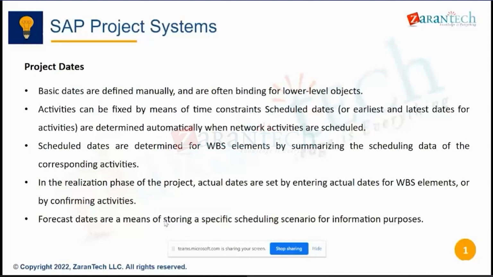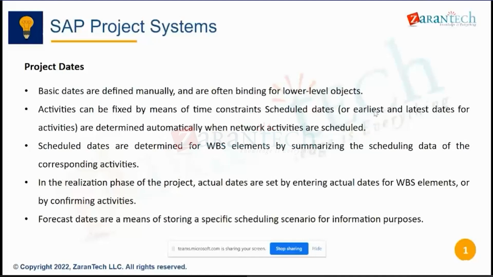Now there are different types of dates here. First are the basic dates, which we are going to input manually from the project; they are often binding for the lower level WBS elements. The activities we are going to link to each other, and sometimes we can have time constraints.